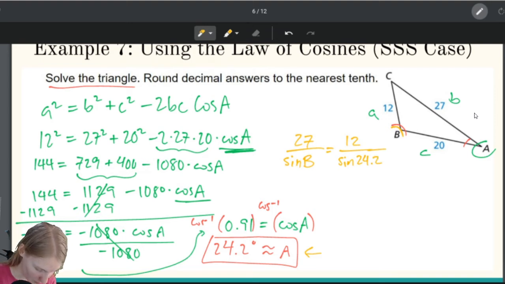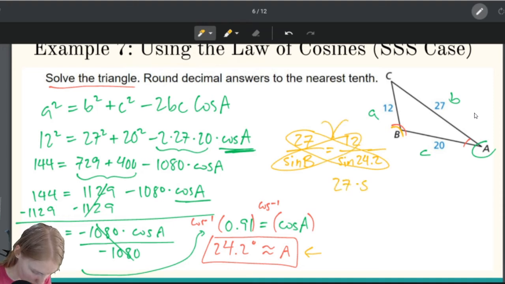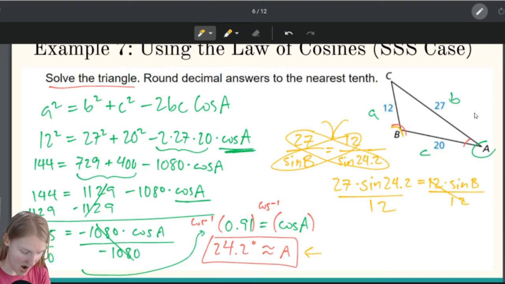And now we're going to solve for sine B. 27 times sine of 24.2 equals 12 times sine B. Divide by 12. 27 times sine of 24.2 divided by 12 is 0.922 and so on.